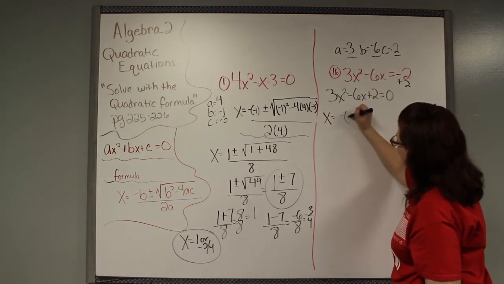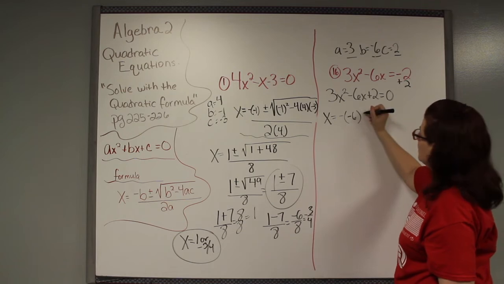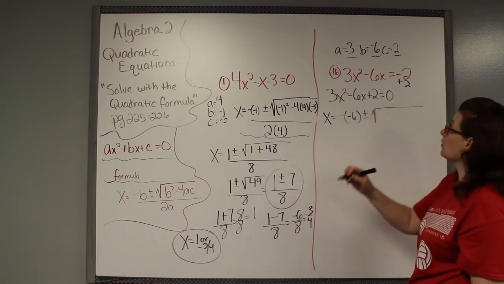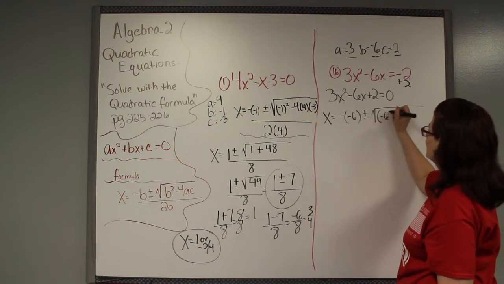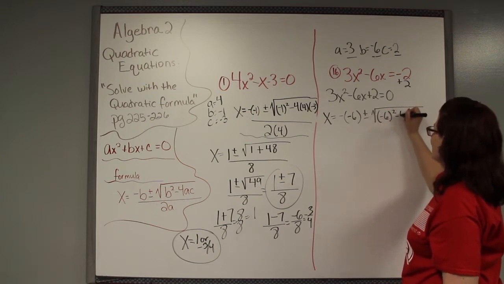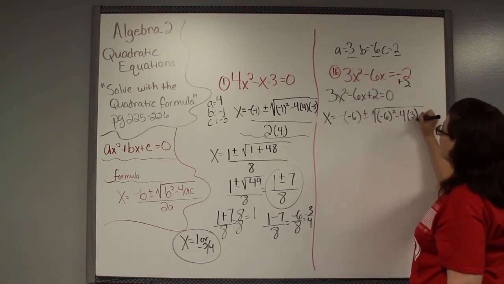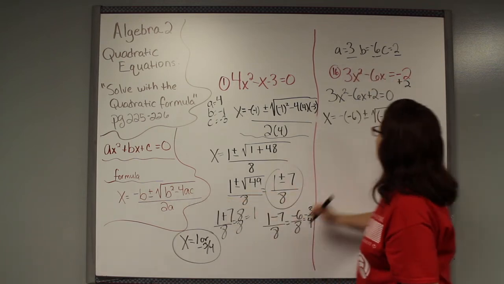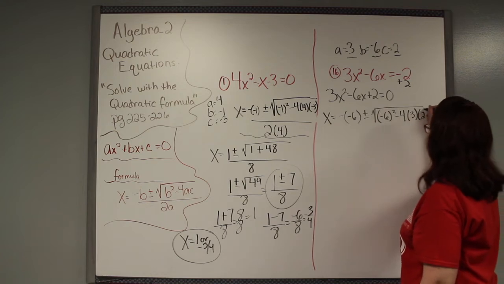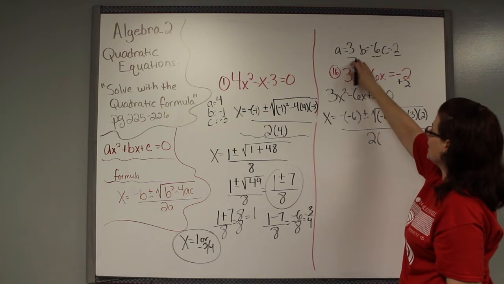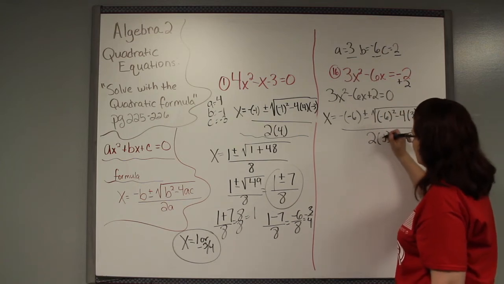B is negative 6 plus or minus the square root of b squared, which would be negative 6 squared, minus 4 times whatever a is, 3, and then there's a c, so c, all over 2 times whatever a is, which is 3.